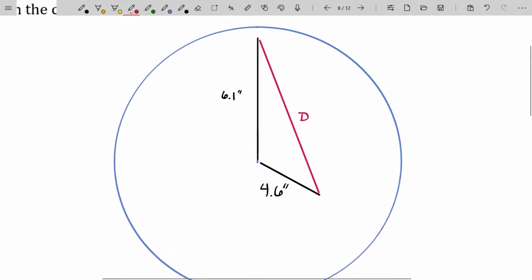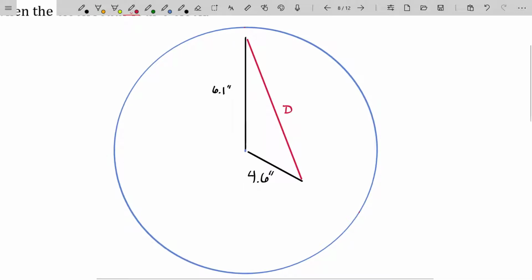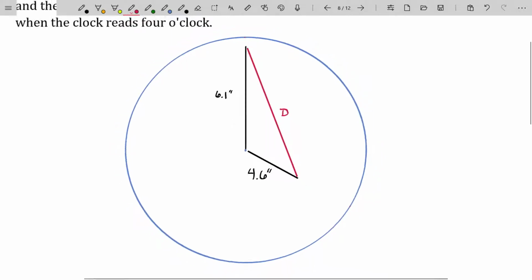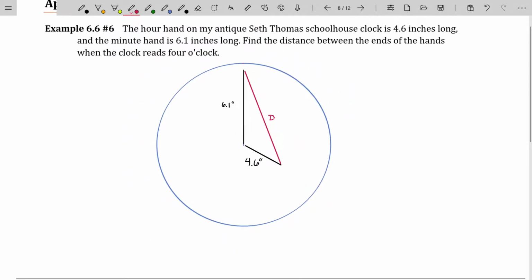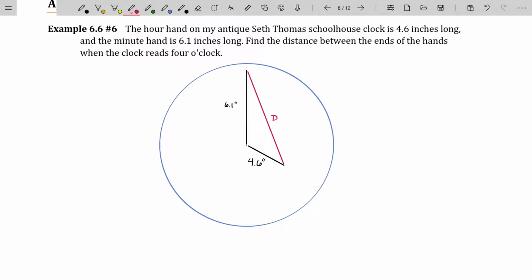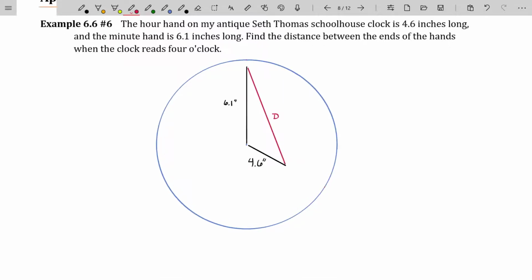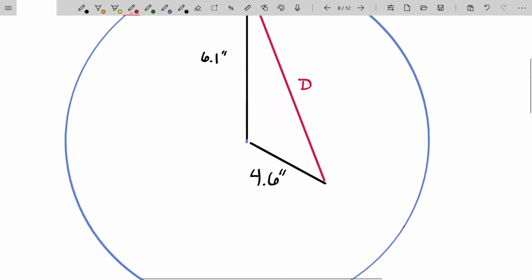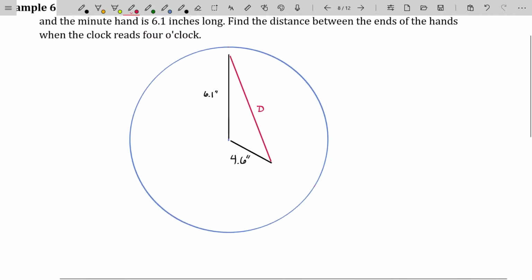Well, how are you going to do that? They didn't really tell you anything else other than this, but there are a lot of implied pieces of information within this problem. The one piece of information that we really can take advantage of is the angle between the hour hand and minute hand. If you think about how many sections there are to a clock as far as turns, there are 12 sections, right?